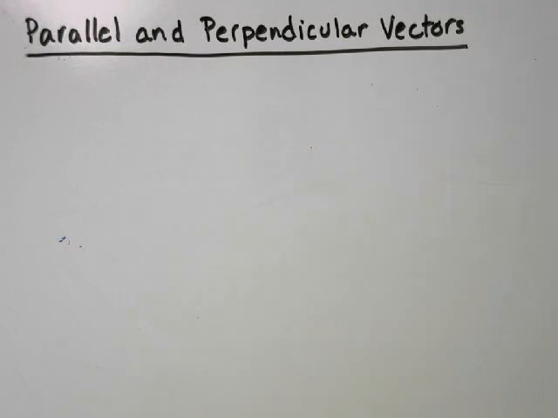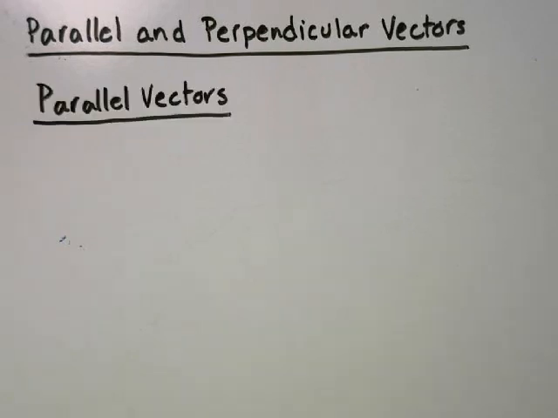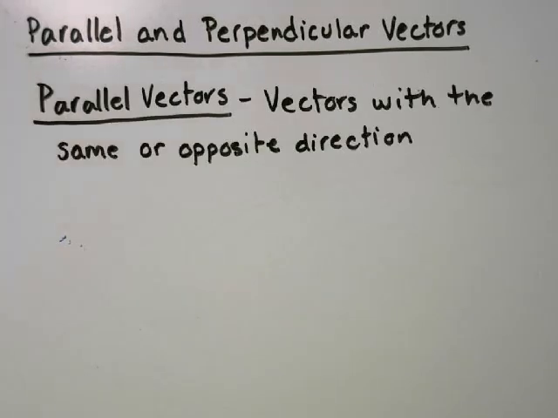Now we're going to talk about parallel and perpendicular vectors. And it's exactly what you think. But we have some calculations that we'll use in them. First, parallel vectors. Vectors who are parallel have the same or opposite direction.